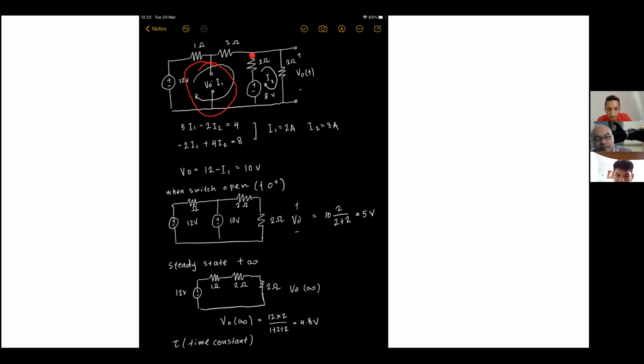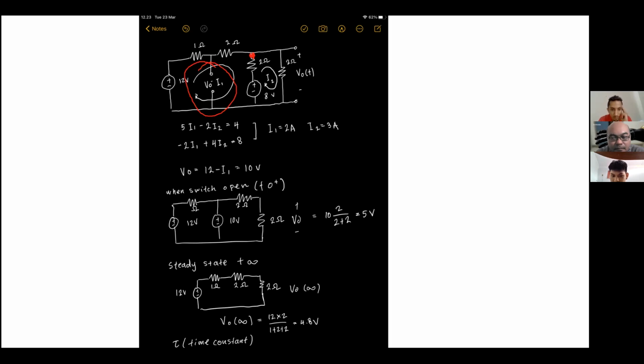Good. Continue. This is when switched off, and then we can find the initial voltage in the 2 ohm resistor. After we switch off, the circuit will go through a transient period until it reaches steady state.